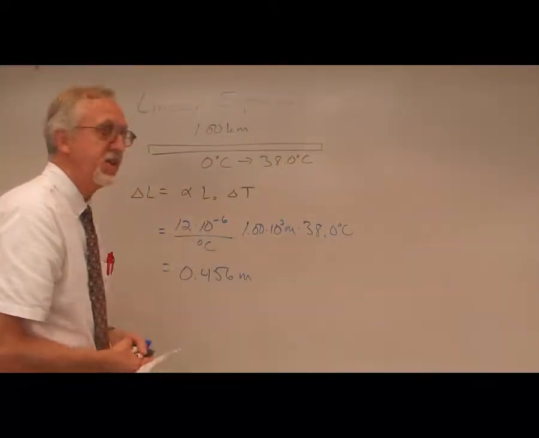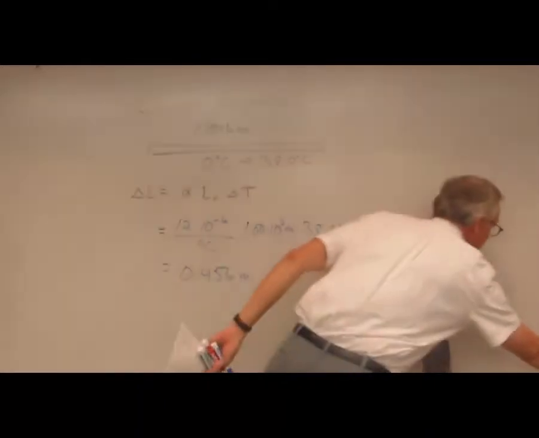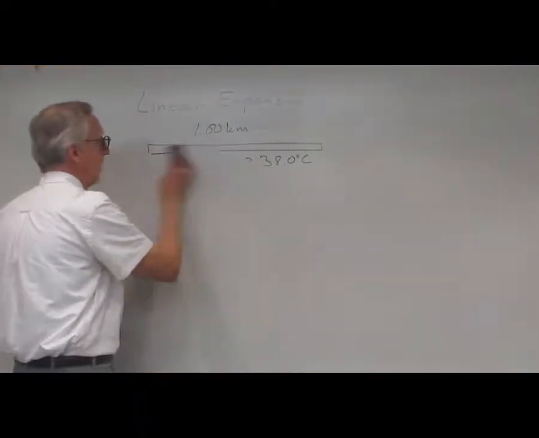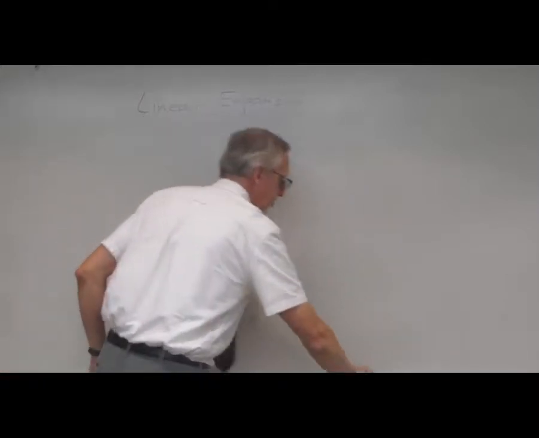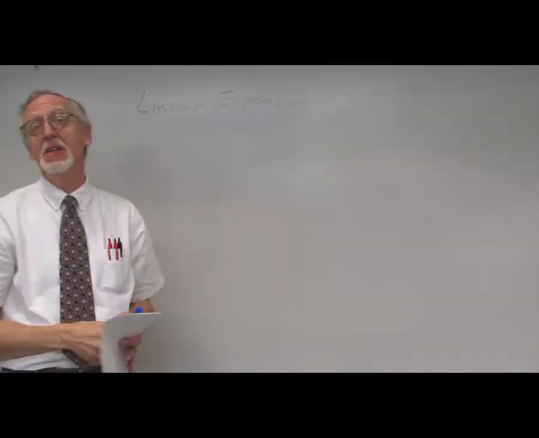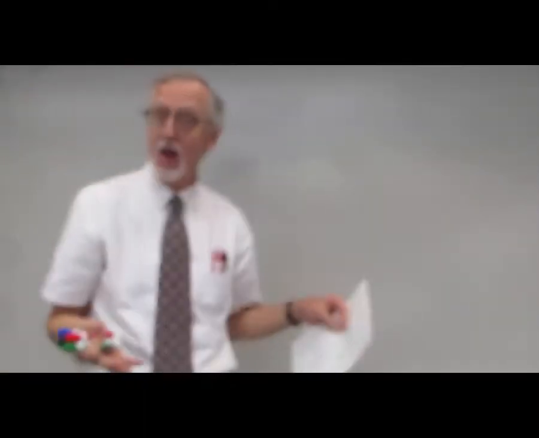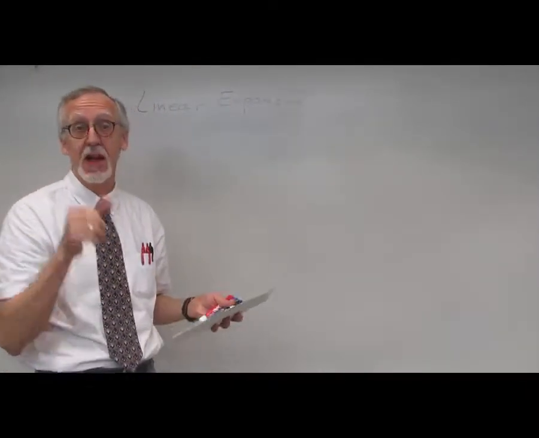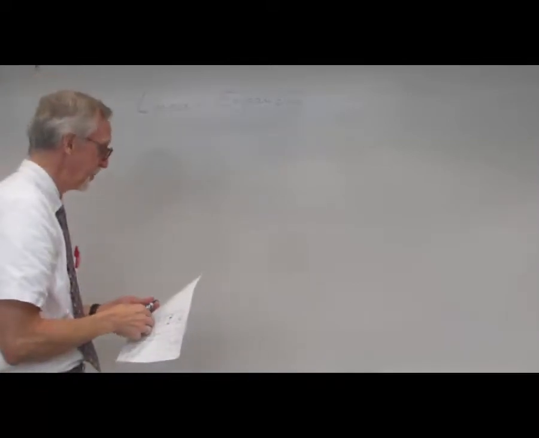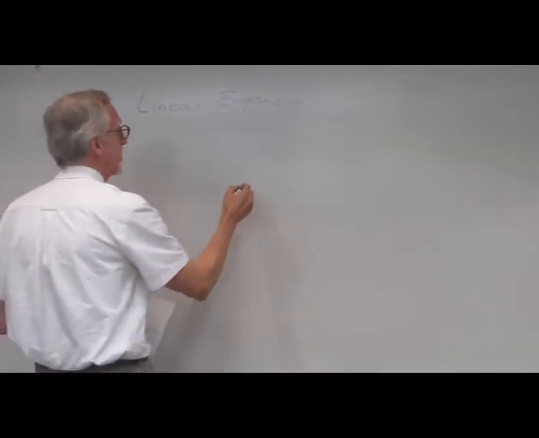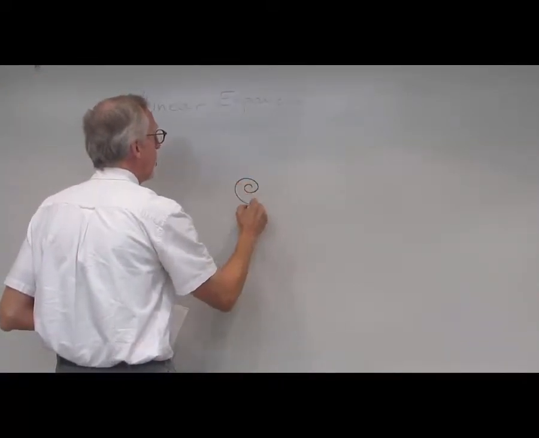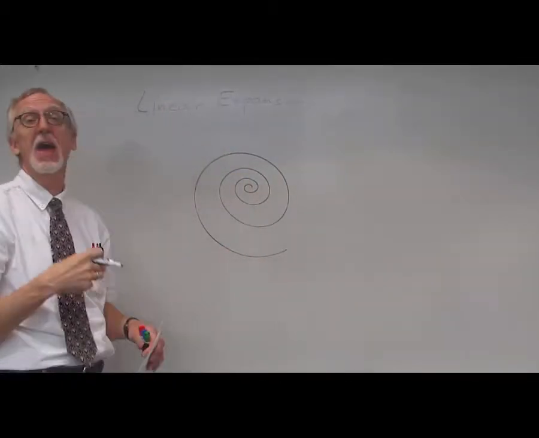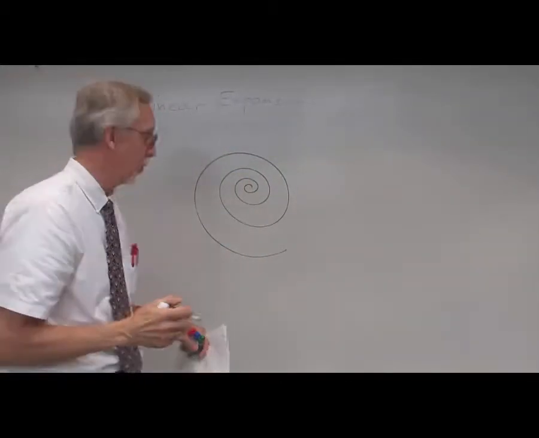There's actually a nice beneficial use for these variations in length expansion using a bimetallic strip. Now, I remember seeing these in my old house, and you might recognize these if you have an old house with an old thermostat in it. Sometimes bimetallic strips are made into coils like this, and this is how an old thermostat was made.